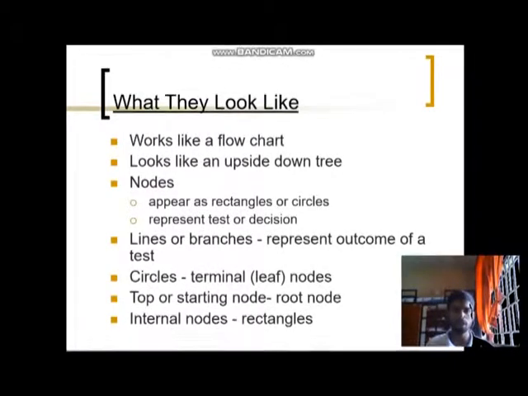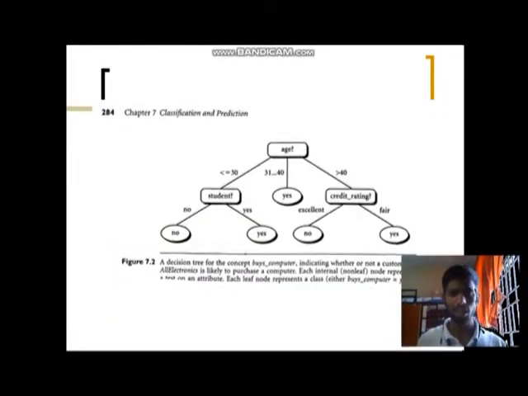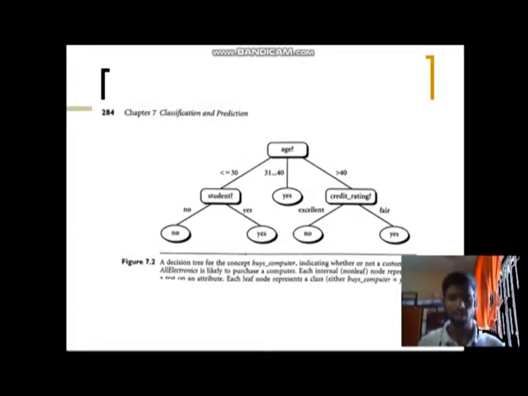Now, what do the circles at the terminal mean? They represent the leaf nodes. And what is the top or starting node called? It is known as the root node. As you know, in an example of a tree, the basic starting point is a root. In the same way, even for machine learning, even for the decision tree, it is known as a root. And the internal nodes are represented again by rectangles.